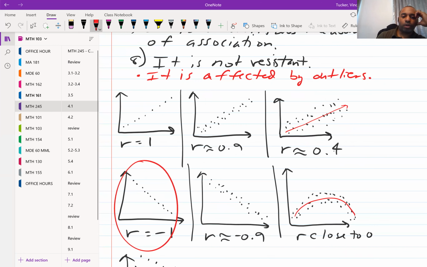So here, -1 means that there's a perfect straight line, but it's going down, has a negative trend. And then as we move and start to spread our data out, even if we still have a negative trend, if it's not a perfect line, it's going to start moving closer and closer to 0.